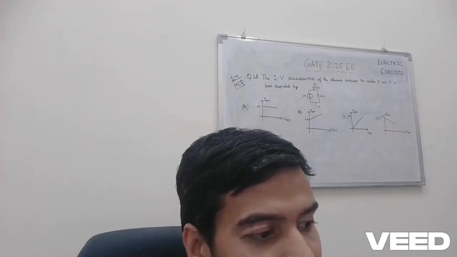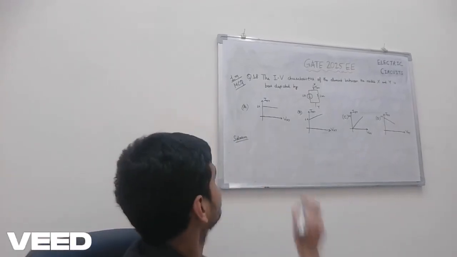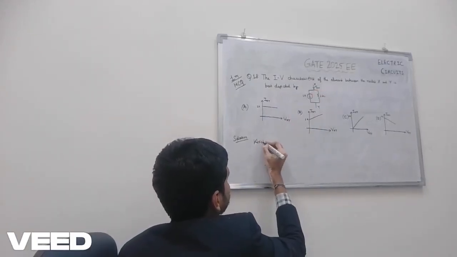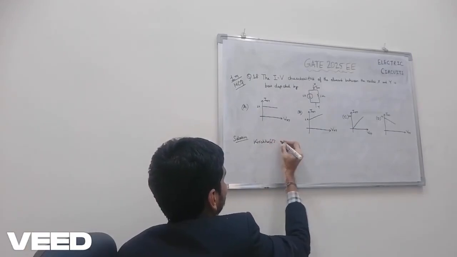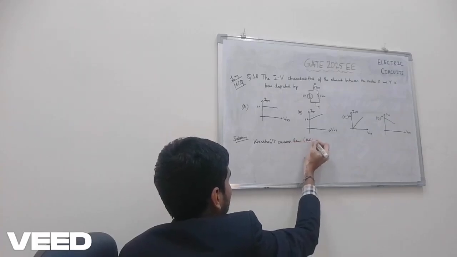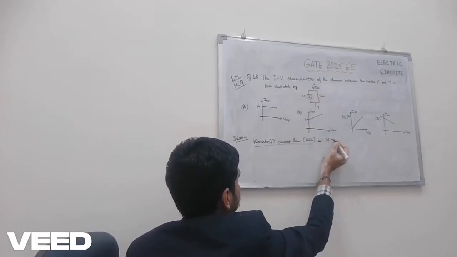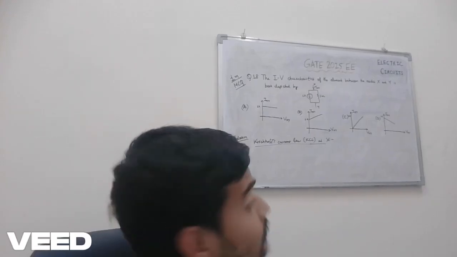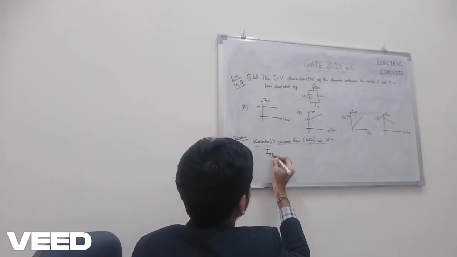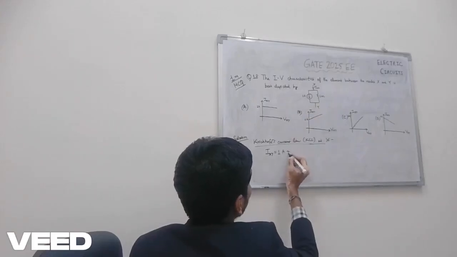As you can see in the given circuit at the node X, applying Kirchhoff's current law, KCL, at the node X yields IXY equal to 1 ampere plus VXY by 1k, or 1 kilo ohm.